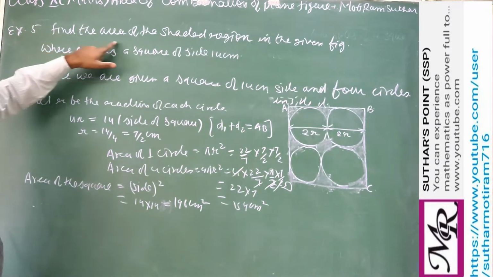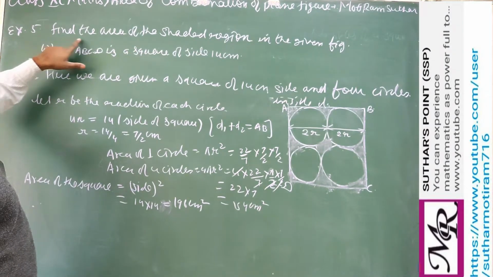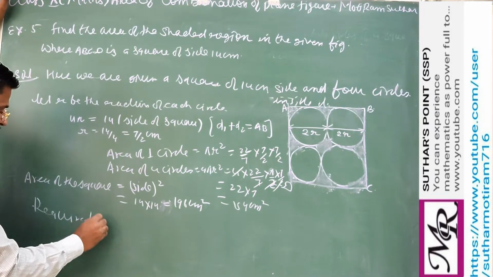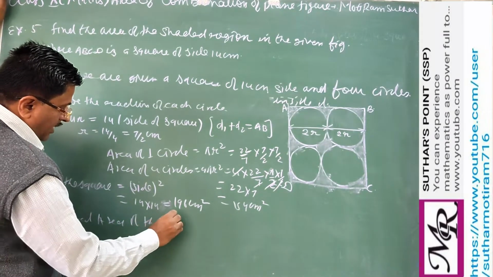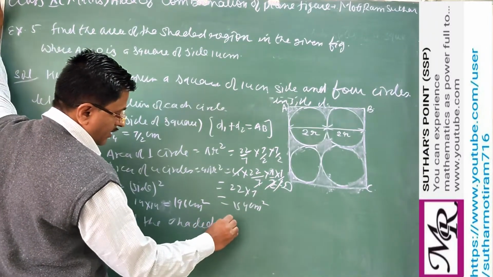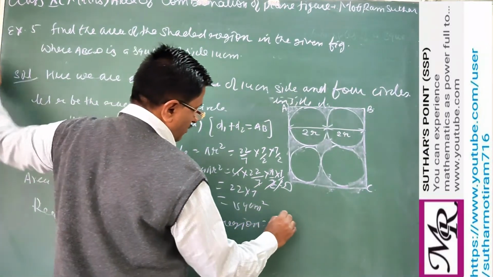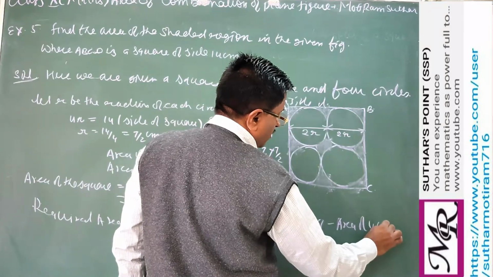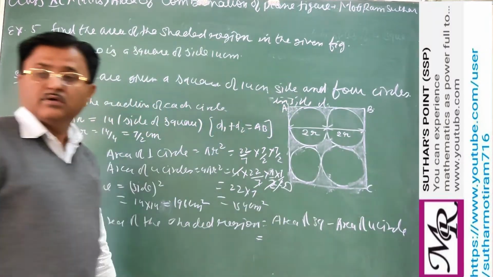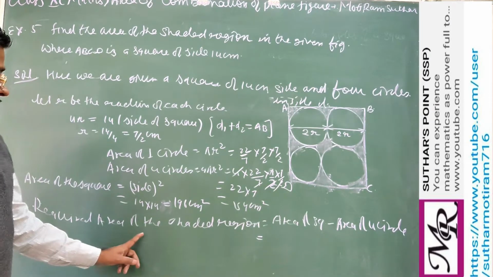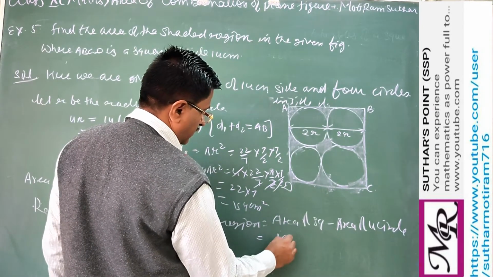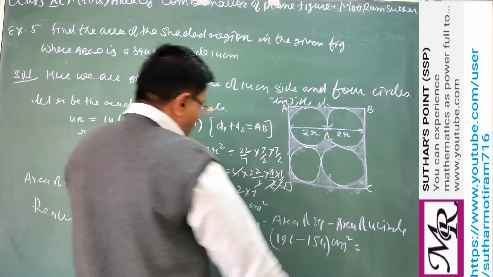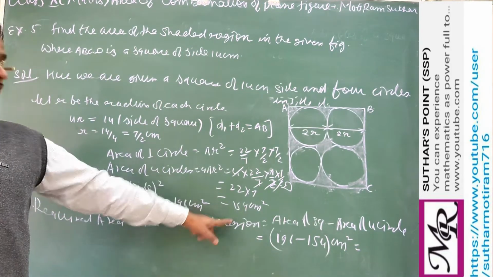Therefore, to find the area of the shaded region, the required area of the shaded region is equal to the area of the square minus the area of 4 circles. Correct? The area of the square is 196 and the area of 4 circles is 154.